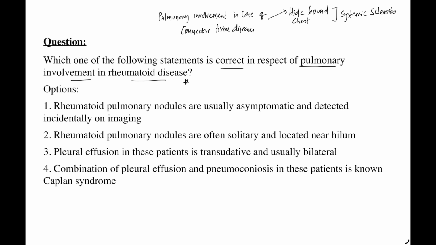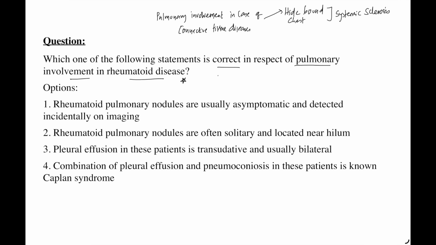In rheumatoid arthritis, the most common pulmonary manifestation, what is the most common pulmonary manifestation? It is pulmonary fibrosis.